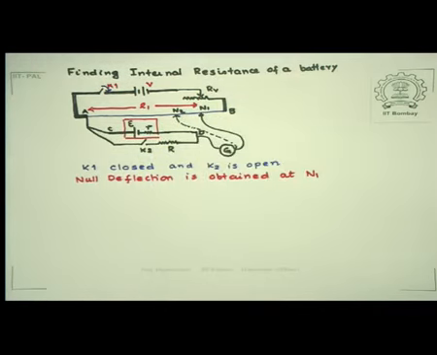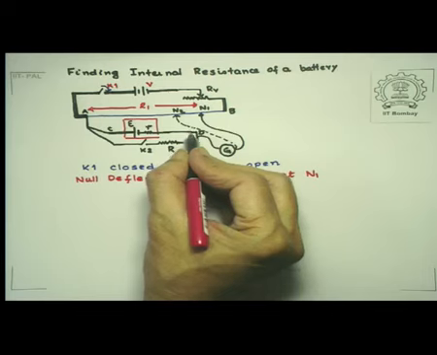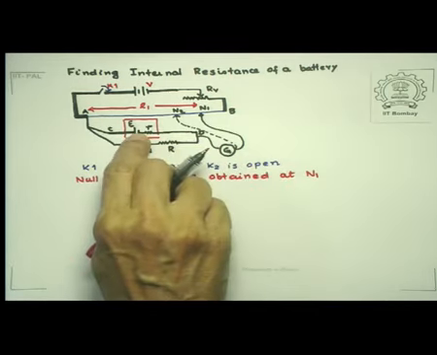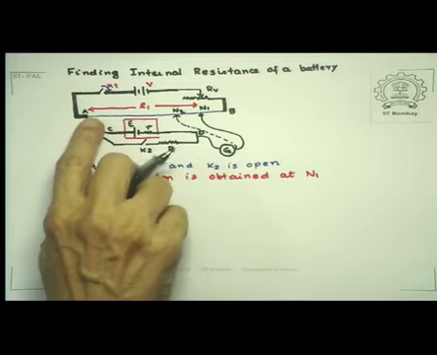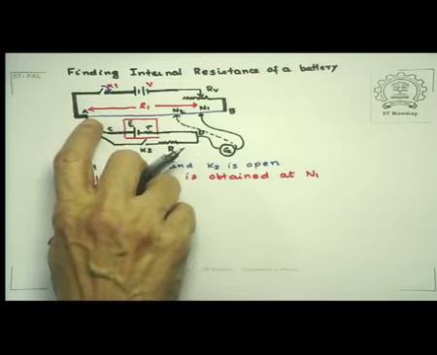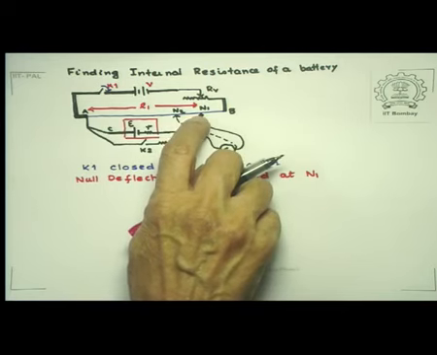Now because there is no current in this part of the circuit, the potential drop because of the EMF is balanced by the potential drop for the section A times N1.